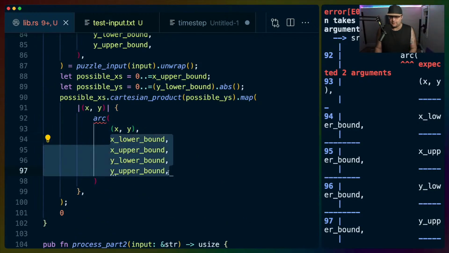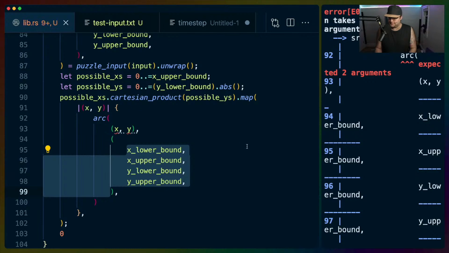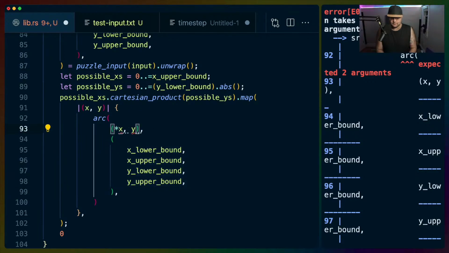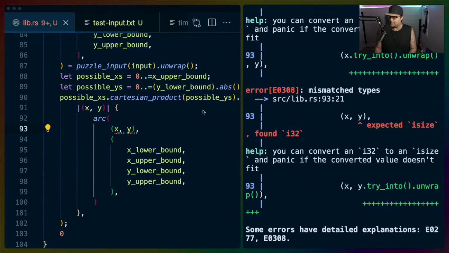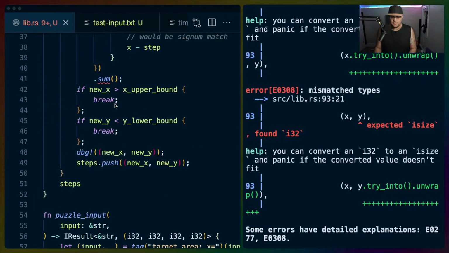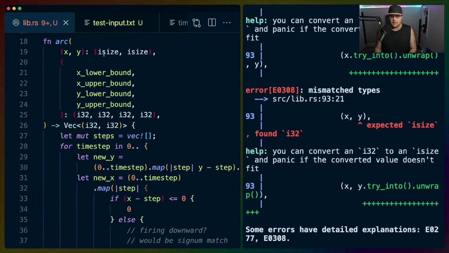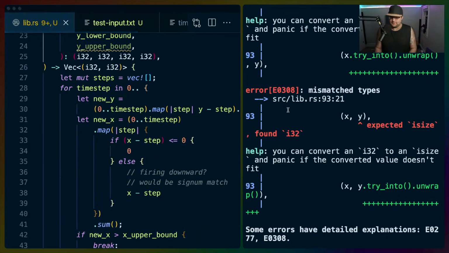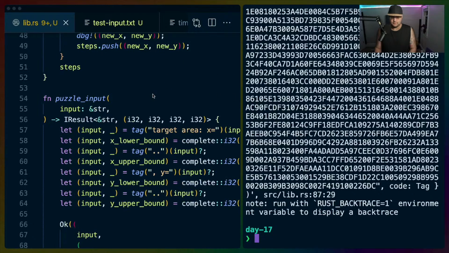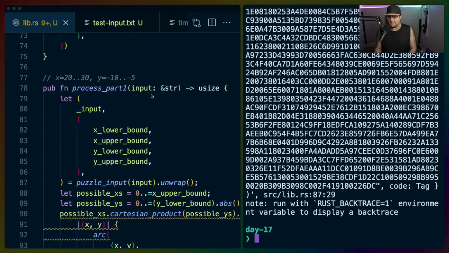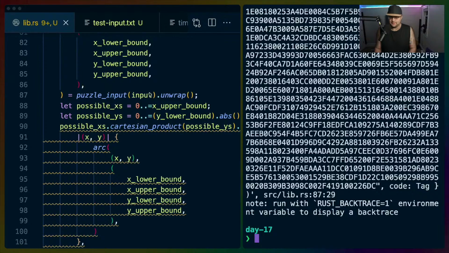Expected two arguments, got 50 bajillion. Ooh, what's the problem there? X and Y, expected isize found i32. I thought I changed the signature for an i32. Oh, I did not. That's why we're getting the other sum error here. Okay. Our parser is failing because I didn't bring in the test input.